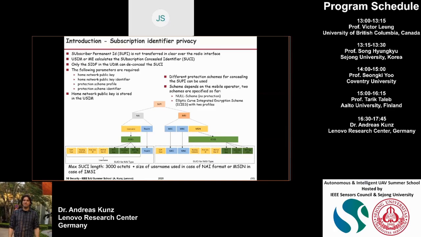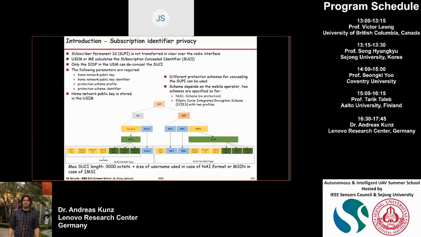This would be the IMSI type of the SUCI. There's also an NAI type where you can have a username at realm, and then the username part is encrypted and appended with all the parameters to the realm to form the SUCI.